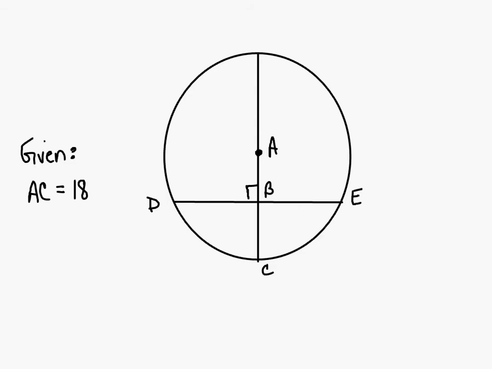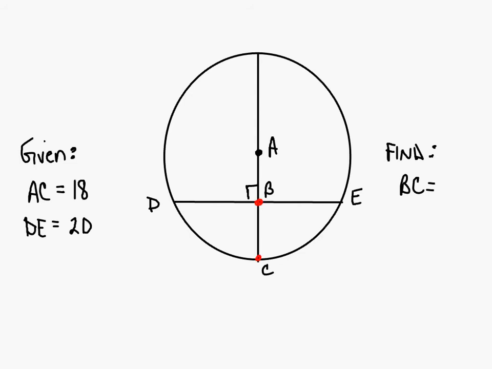D to E is 20. And you're asked to find B to C. Okay, so you're looking for this piece right here.